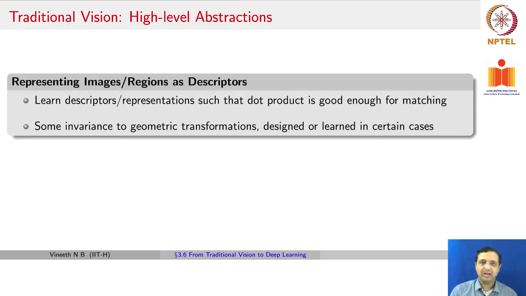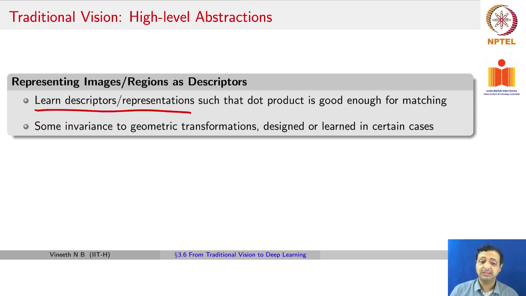We also find that the goal so far has been to learn descriptors and representations that make it easy for us to match. You don't want to spend too much time on matching. Of course, we use some intelligence in coming up with matching kernels and so on. But the key idea is to be able to describe key points and images in such a way that a simple dot product or simple matching kernels can be used to match images or parts of images or regions in images.